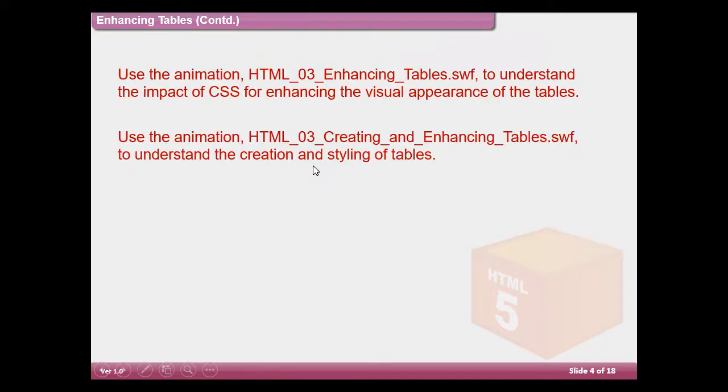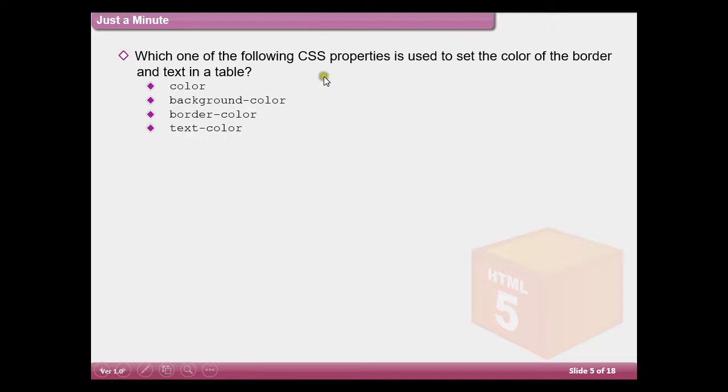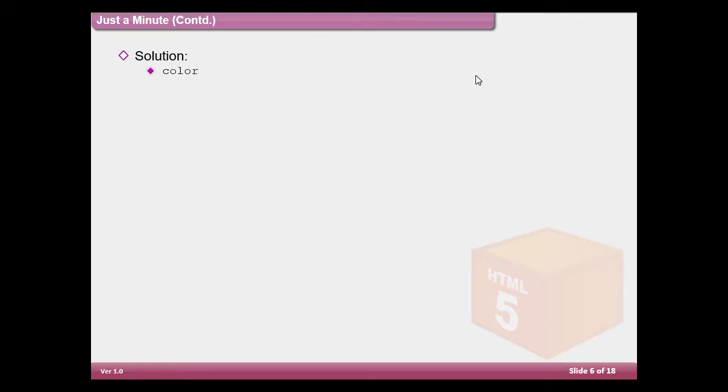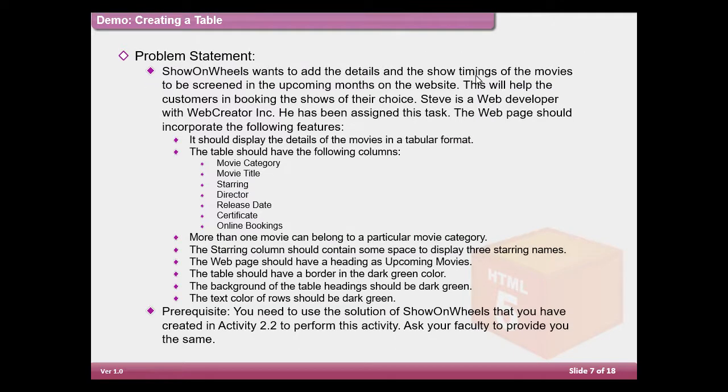And which one of the CSS properties is used to set the color of the border and text in a table? So border and text, what property would you use? That is going to be color, because anything other than color is not going to set it. Background-color is different, color-red. So the color property is used.